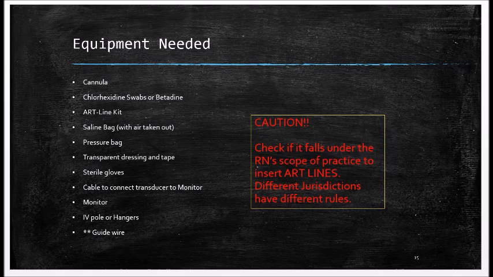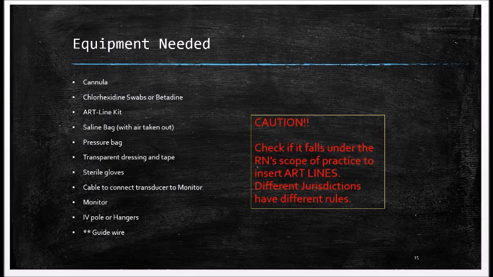Some of the equipment needed for insertion of an arterial line is listed here. Just make sure that you check your hospital's policy, because different jurisdictions have different rules about who can insert art lines.